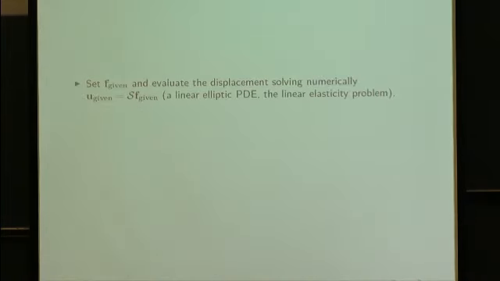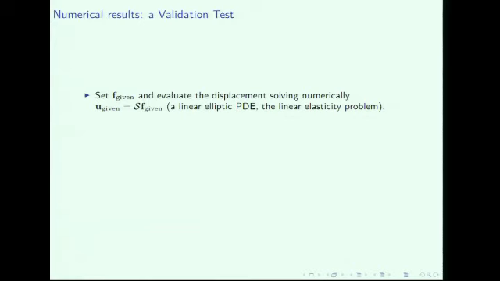So now let's turn to numerical results. We have done some simple validation tests to verify the reliability of our method. First, we set a given force field, and we evaluate the displacement by solving numerically the forward problem of elasticity. So we give a force, and then we calculate the displacement that such a force gives.